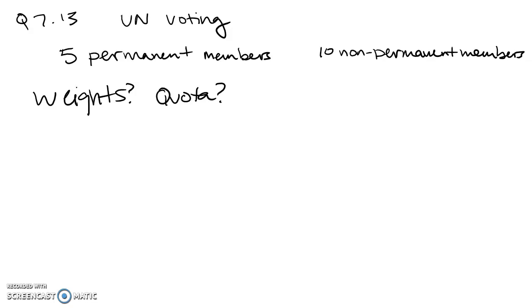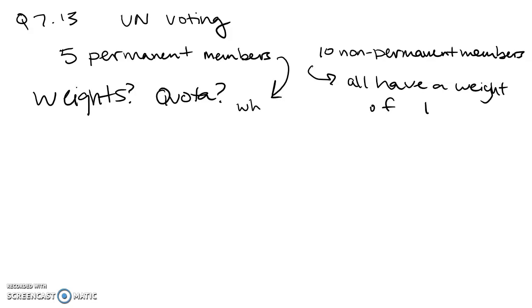If you take a look at their hint to get started, they say let's think about the idea that maybe these non-permanent members all just have a weight of 1. Then we have to figure out what the weight of the 5 permanent members is. We'll give it a placeholder name.